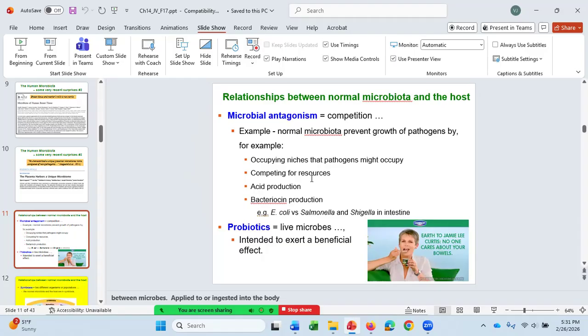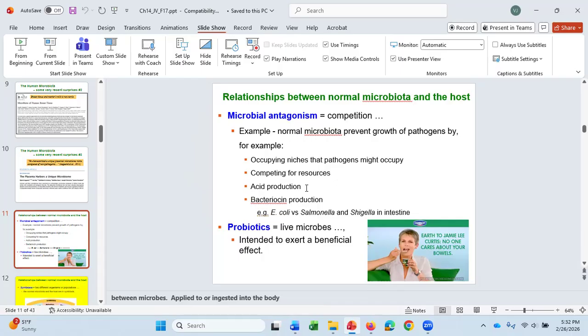The normal microbiota can also change the environment, making the environment less hospitable for the human pathogen. For example, the normal microbiota on our skin, in our mouth, in the vagina, tends to make the environment more acidic. And that can make the pH too low, too acidic, for the pathogen to get established.